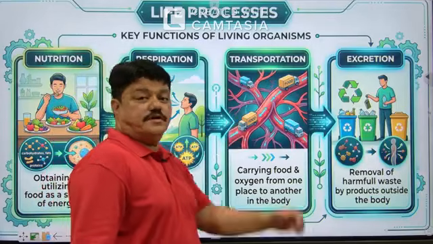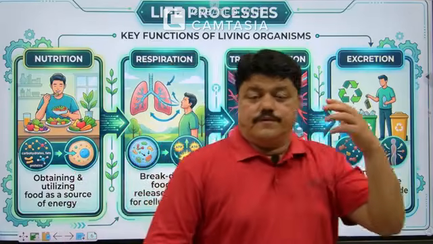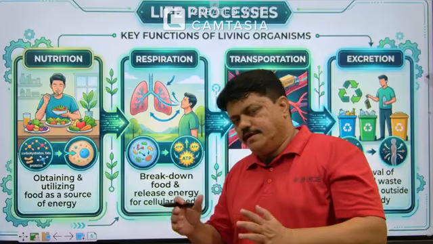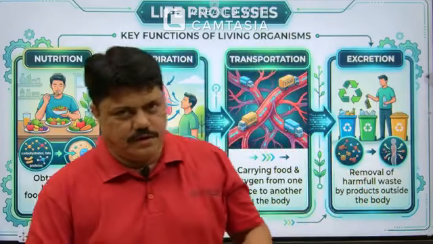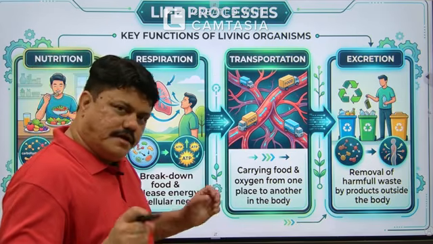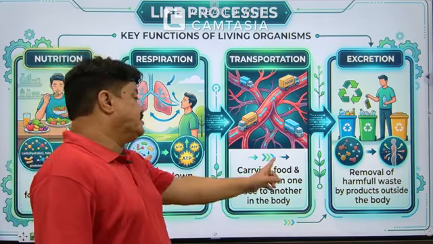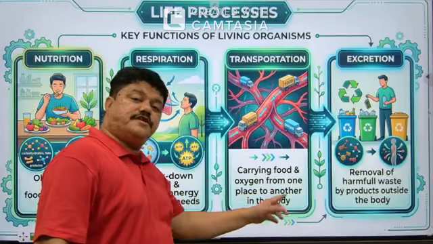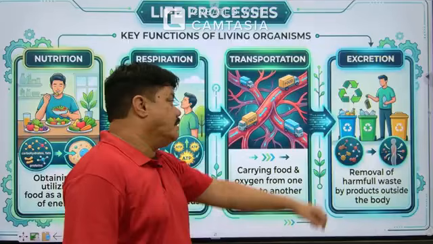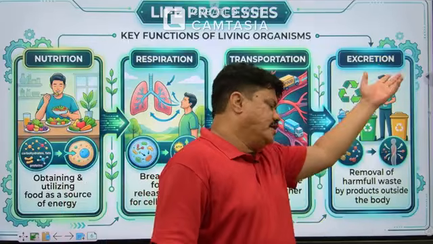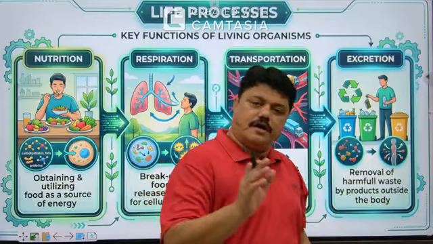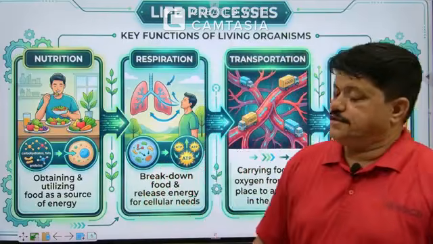Now transportation. Via nutrition we get the food, and during breathing we take in oxygen. Carrying this food and oxygen from one place to another within the body is called transportation. And last, excretion. Simply, removal of harmful waste byproducts out of the body is called excretion.